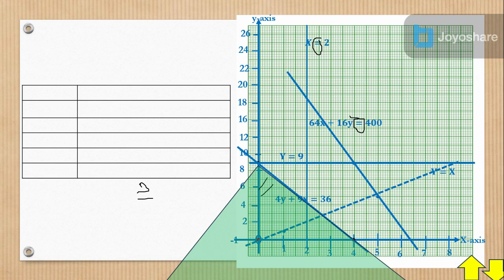And once you have greater than or equal, and we have lines like this or like that, this means that we shade below. You have to note that.